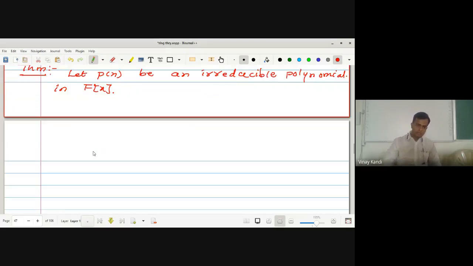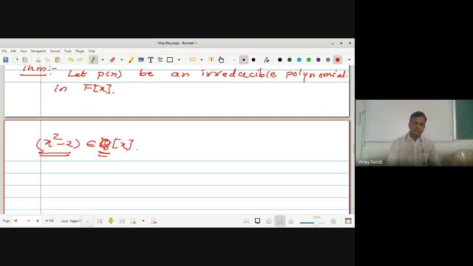Consider x square minus 2. Okay, this polynomial is irreducible in Q of x. Why?